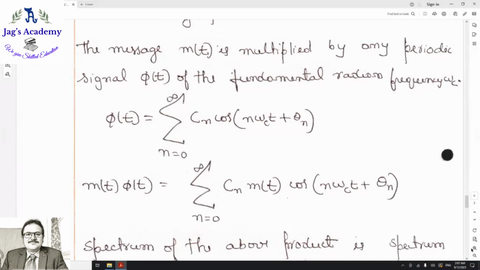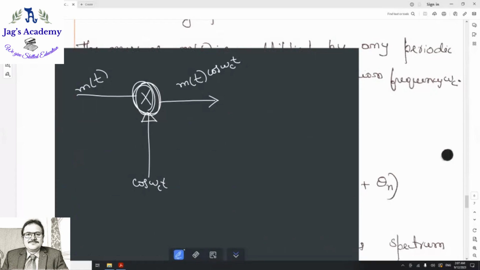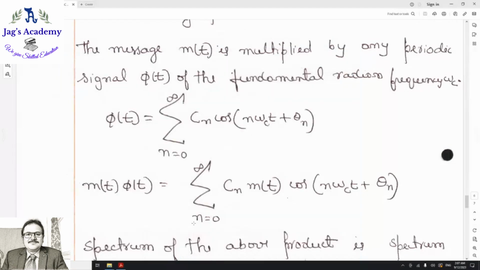It is possible to represent this multiplier as nothing but multiplying your message signal with the periodic signal. I am just multiplying a message signal with the periodic signal, and I can represent the periodic signal as my Fourier series expansion. Okay, now just multiply.